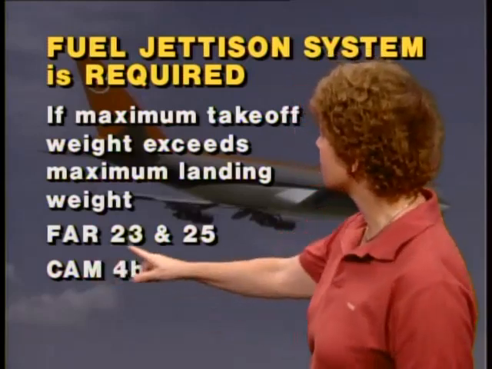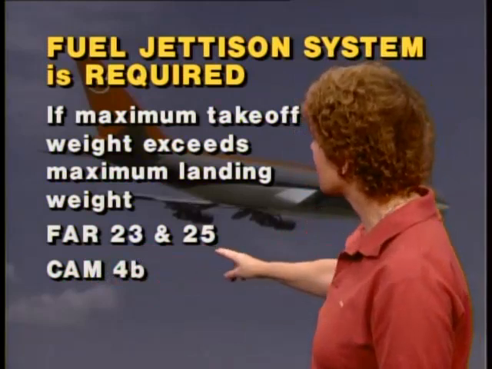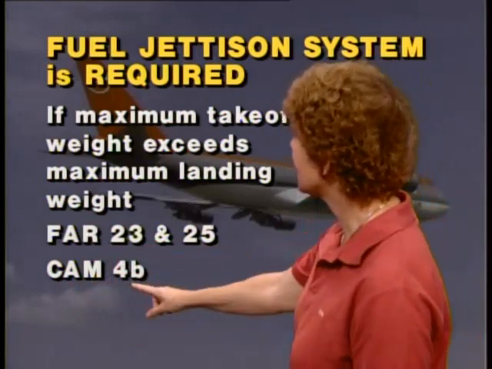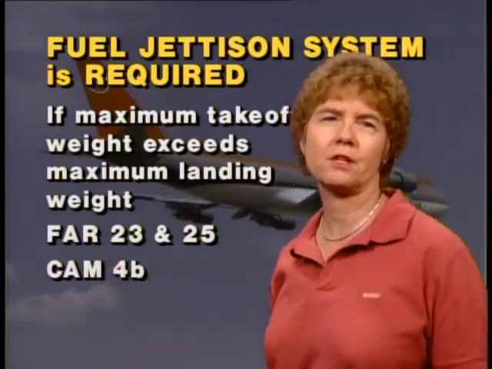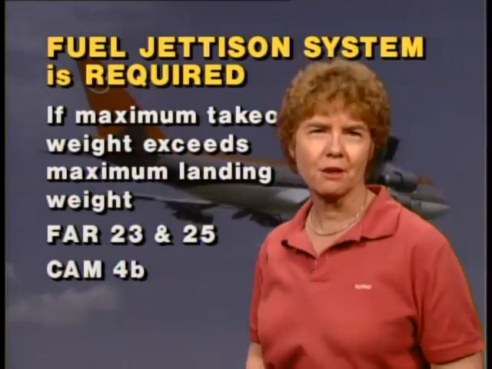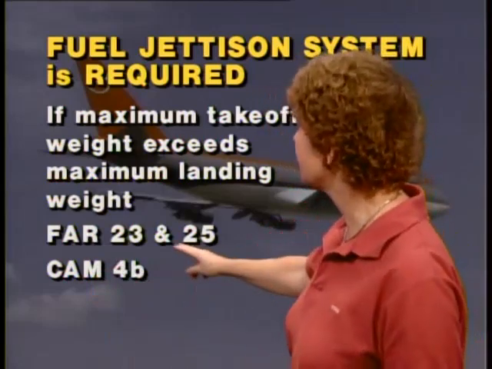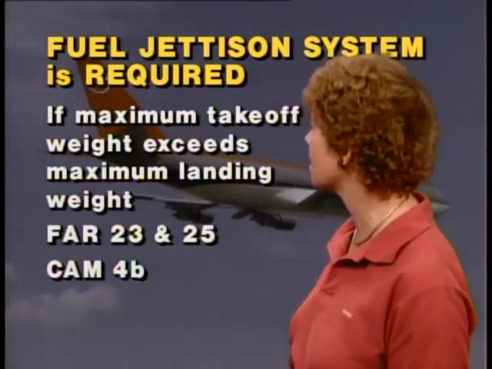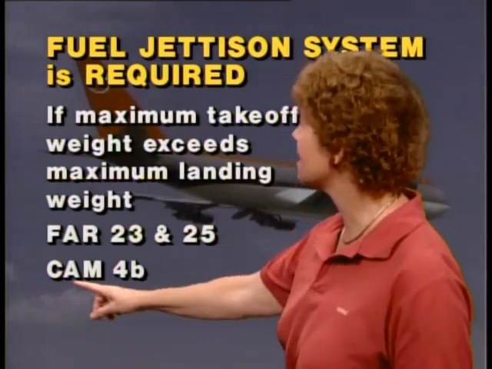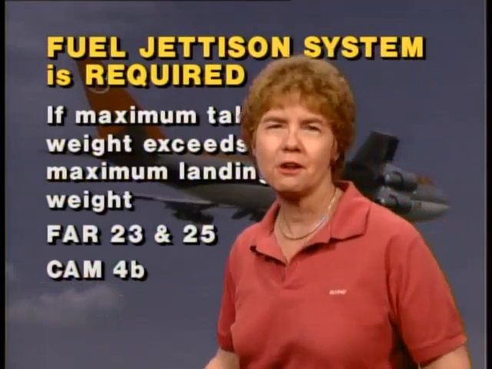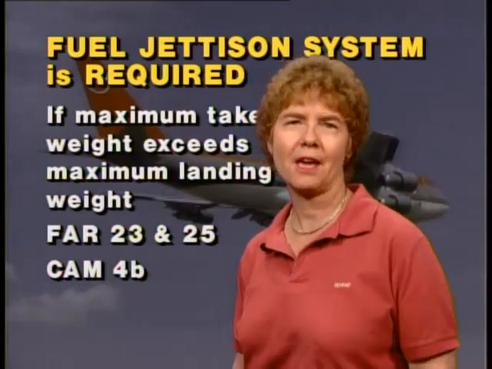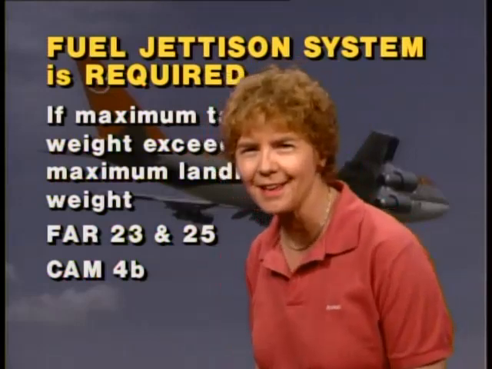Those are FAR 23, FAR Part 25, and CAM 4B. FAR 23 covers the airworthiness requirements for most aircraft. FAR 25 covers them for transport category aircraft, and CAM stands for Civil Aeronautics Manual, and that goes back to before the FAA was the FAA.